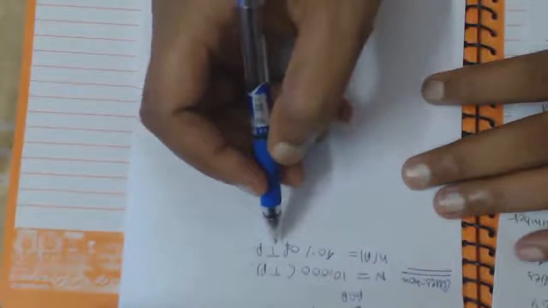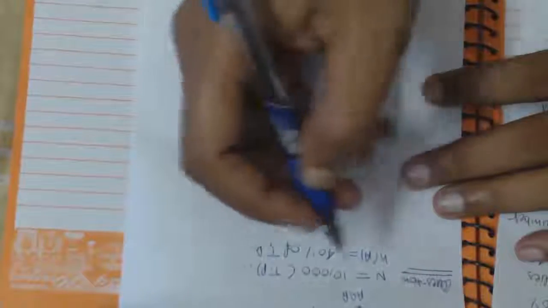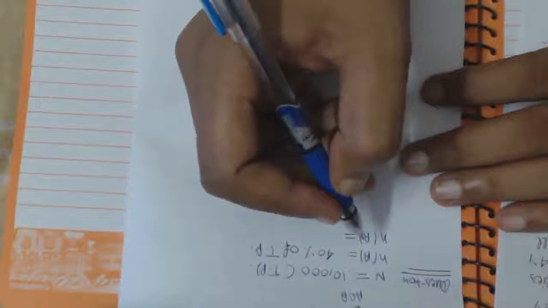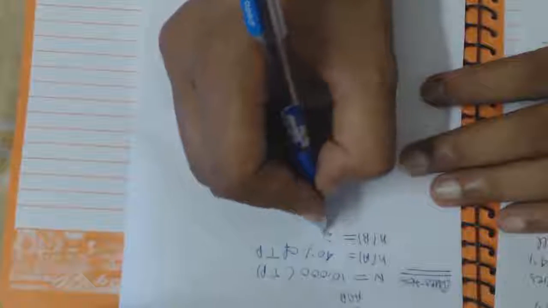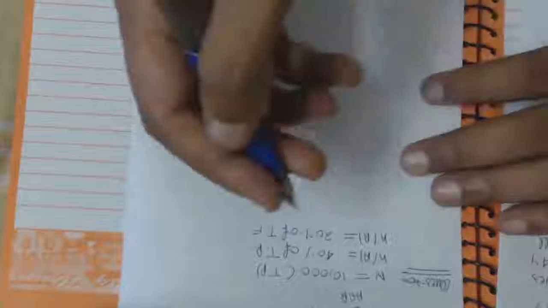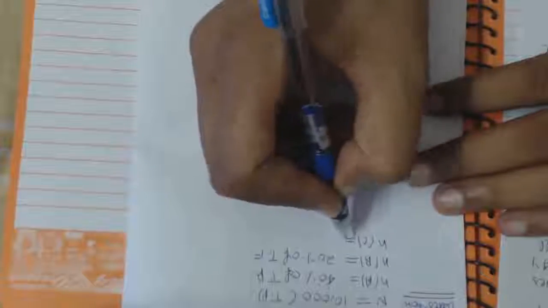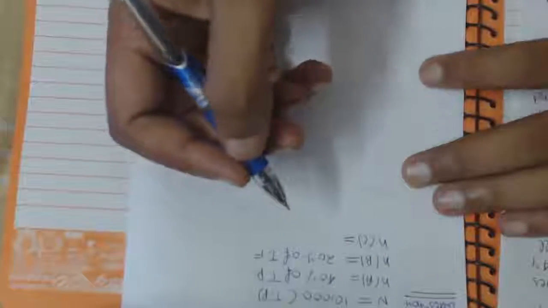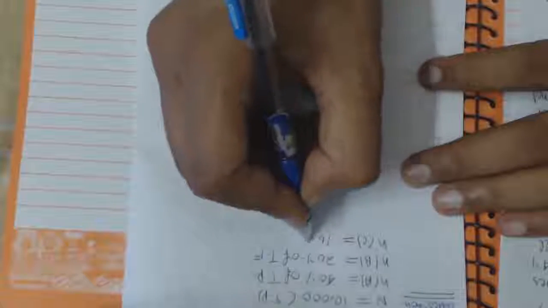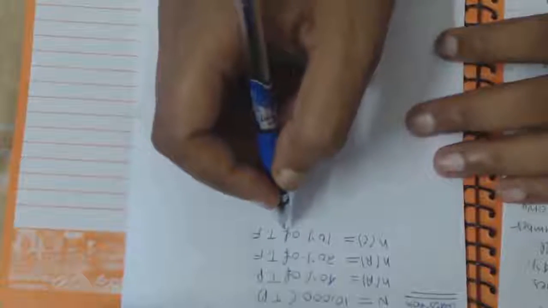So 40% of the total population, that is the number of families, buys newspaper A. Number of families that buy newspaper B, 20% of total families. I am recorrecting it. Number of families buying newspaper C, from the question it is given to us 10% of total families.